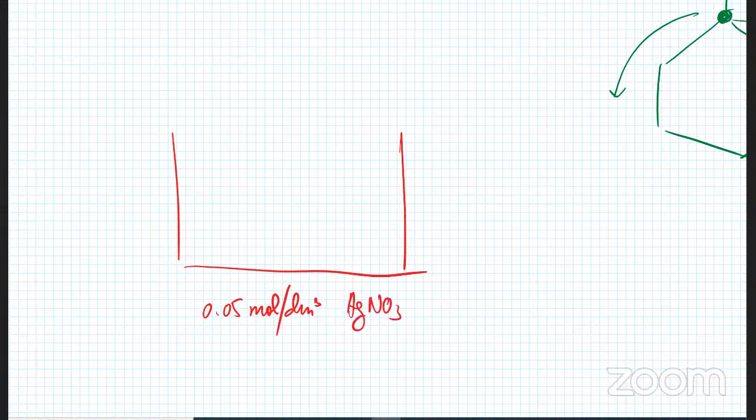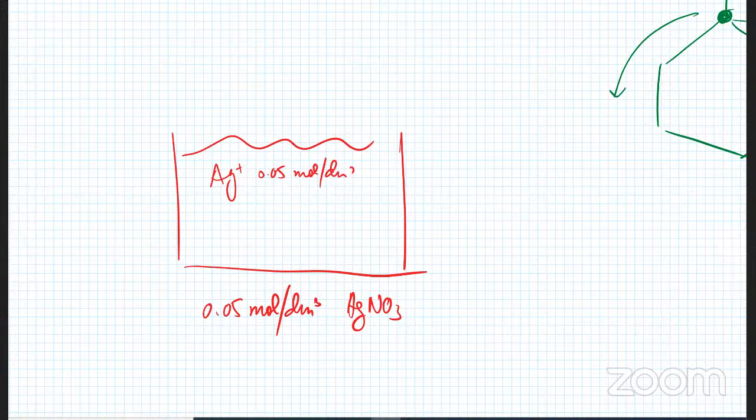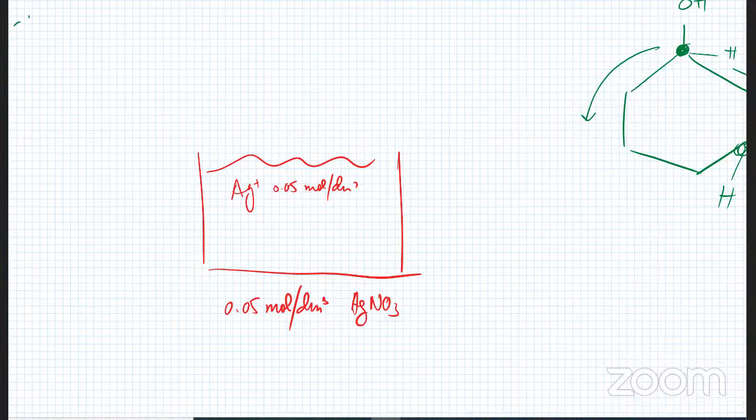So it's clear, the solution already has silver ions, and the amount of silver ions that it has is 0.05 mole per dm cube, right? Yes. And then in the same solution, we are adding solid silver carbonate, right?